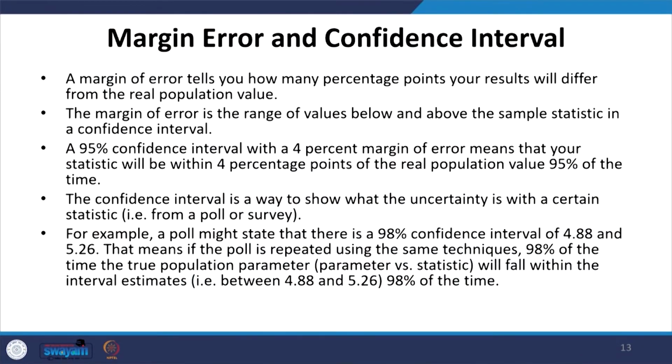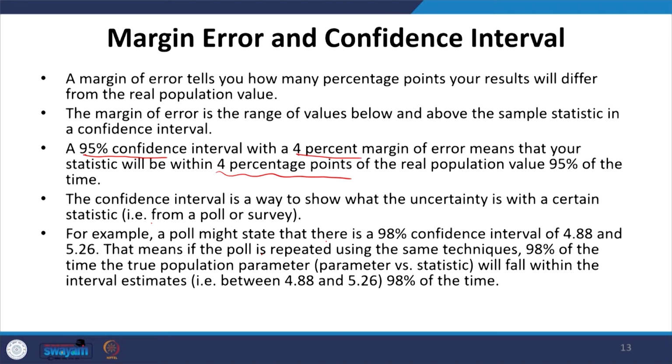The margin of error is in fact the range of values below and above the sample statistic in a confidence interval. So from a confidence interval it defines your margin of error, like a 95% confidence interval with a 4% margin of error. That means your statistic will be within 4 percentage points of the real population value 95% of the time.